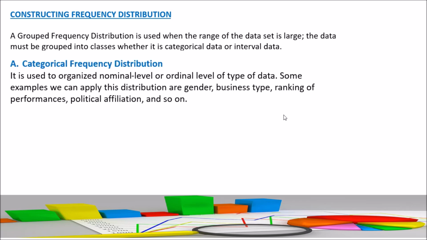The categorical frequency distribution is used to organize nominal and ordinal types of data, which are under categorical. Some examples we can apply in this distribution are gender, business type, ranking of performances, political affiliation, and so forth. These are examples of categorical data.